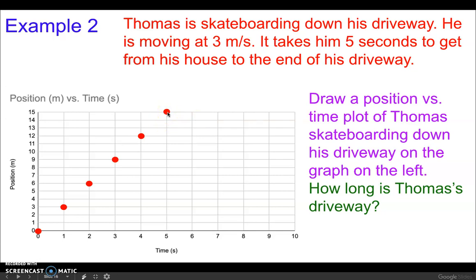So this is where he ends up in 5 seconds. We'll add a best fit line. And so then the question asks, how long is Thomas's driveway? Well, if it takes him 5 seconds to get to the end, that means that the driveway is 15 meters long. So hopefully that makes sense.